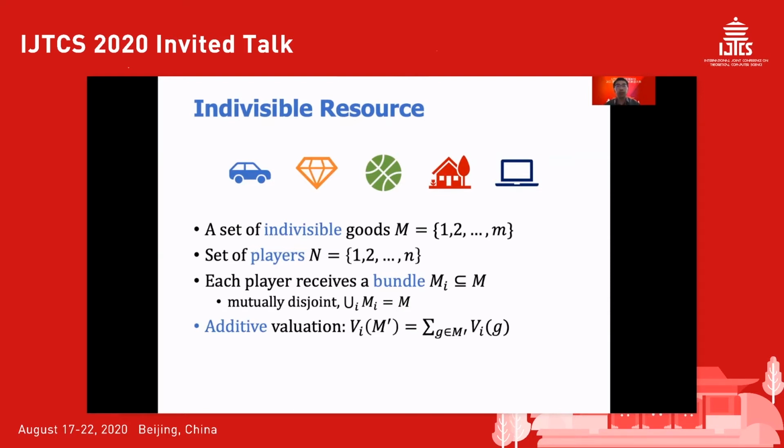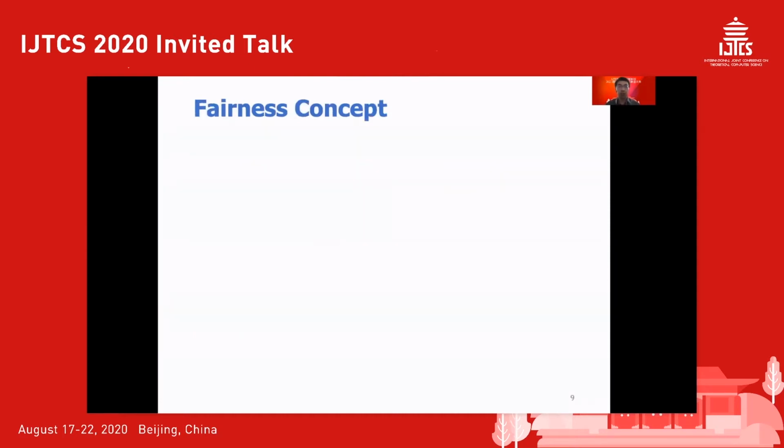We're also going to assume that each player has a valuation function, and now we assume they have an additive valuation function. That means each agent has a value for each of the items, and this agent's value for a bundle of items is just the sum of this agent's values for each of the items. Now we talk about fairness.